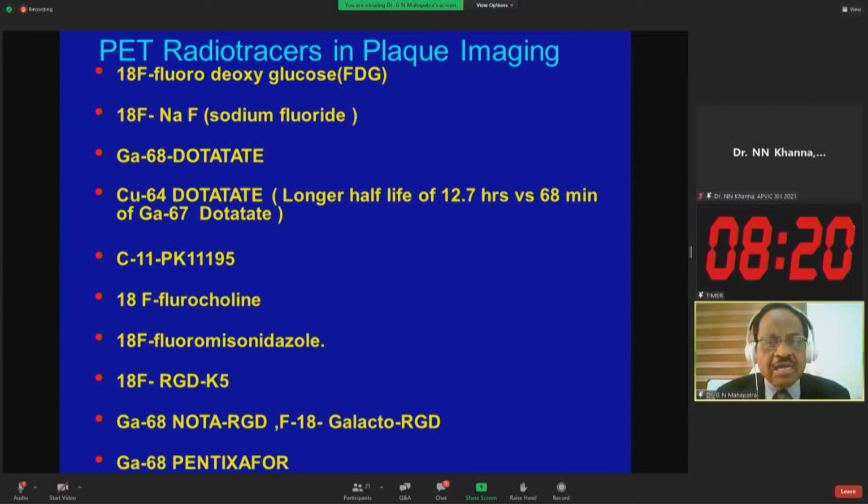So what are the PET radiotracers available in plaque imaging? You know very well, for the last 2 decades, we have been using F18 FDG for oncology imaging or neurology imaging. I'll tell you in what condition and where it can be used.